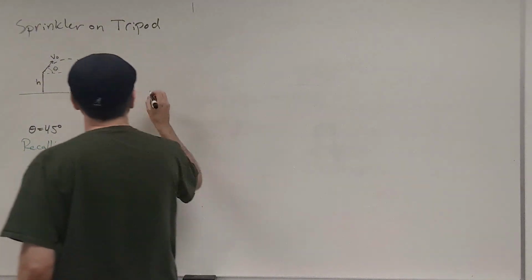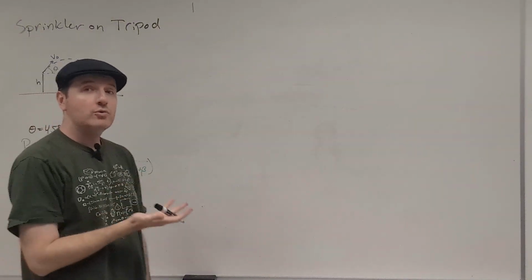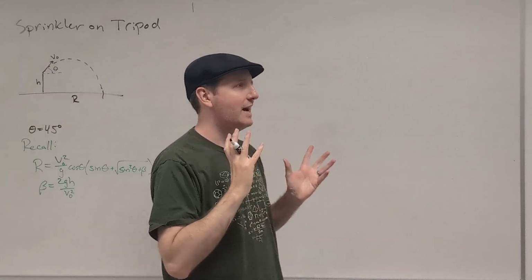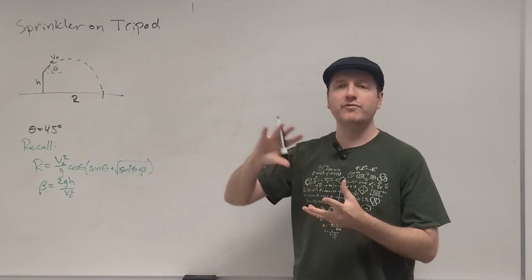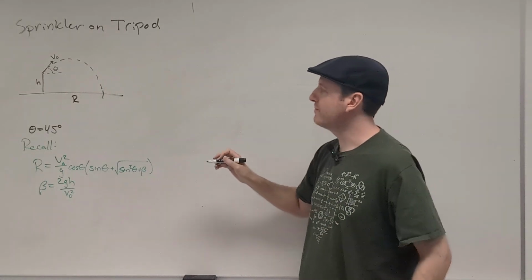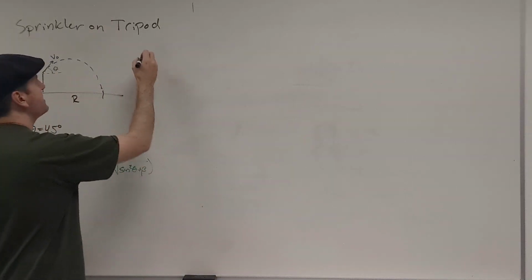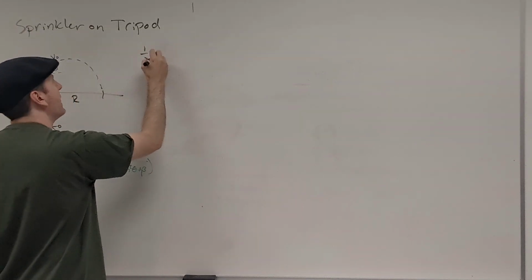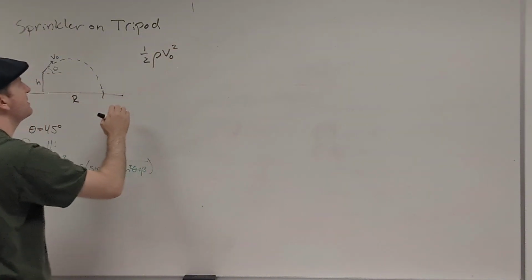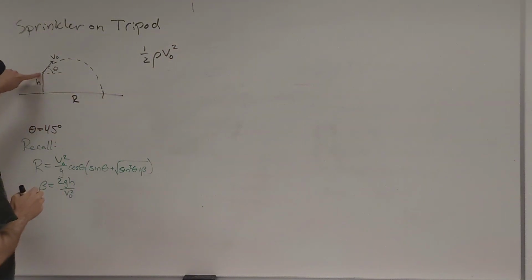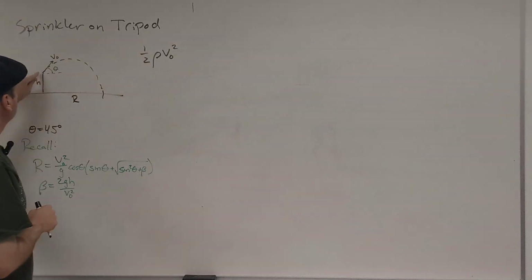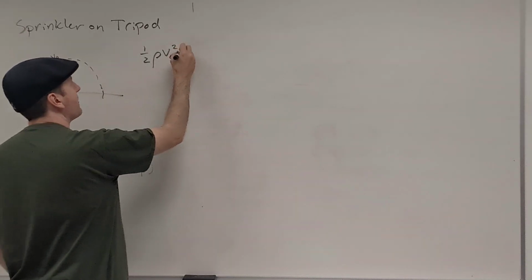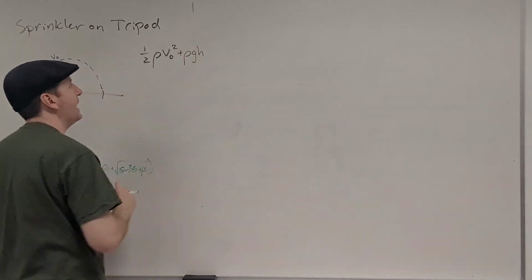And that tells us that if we use the Bernoulli equation for the relationship between the velocity, pressure, and height of a column of fluid that's moving through, say, a piping system, what we'll have is that the kinetic pressure, or kinetic head as it's sometimes called, 1/2 rho times the speed, and I'm specifically looking at the velocity as it's ejected from the end of the sprinkler, plus rho g times that height.